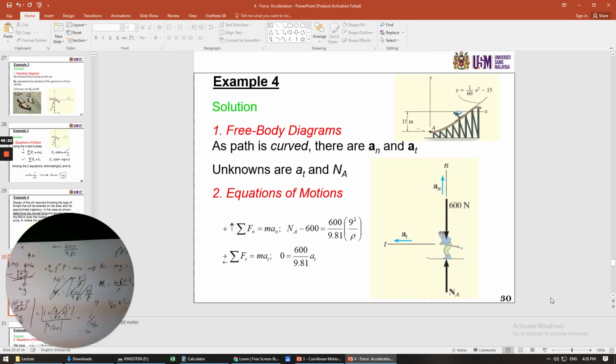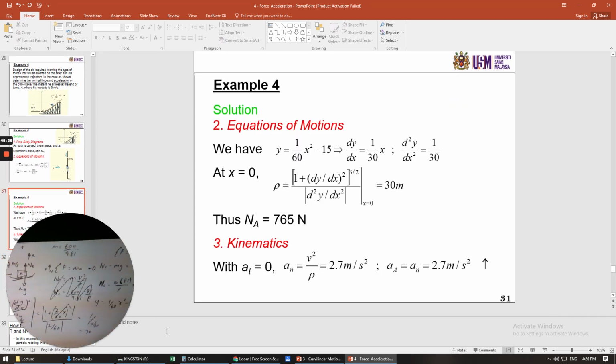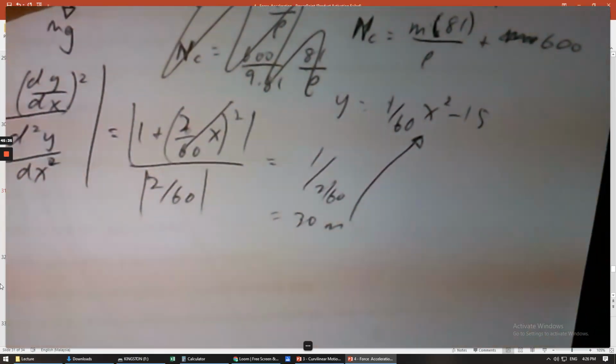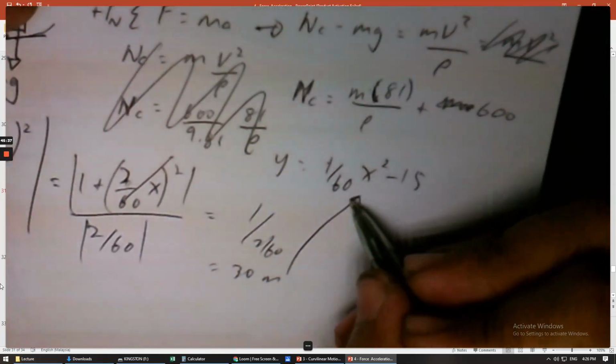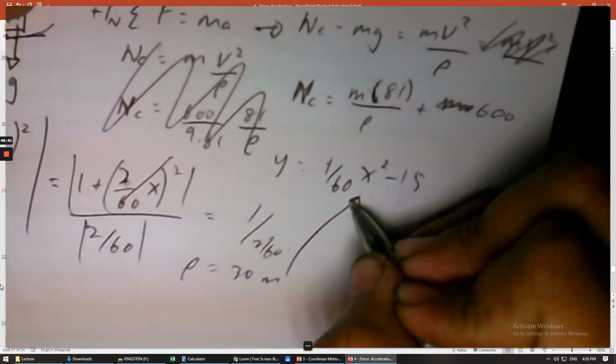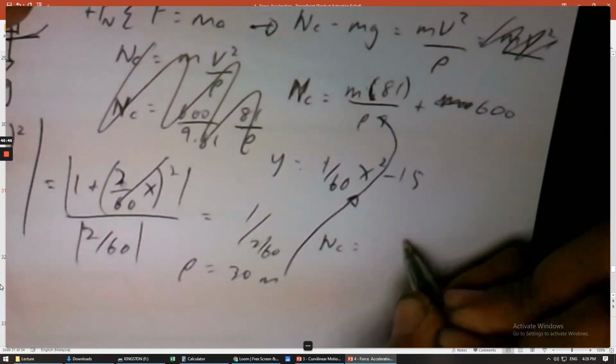Let's see if that's right. Yeah, 30 meters. Okay, 30 meters. Put that back here. Sorry, put the rho back here.